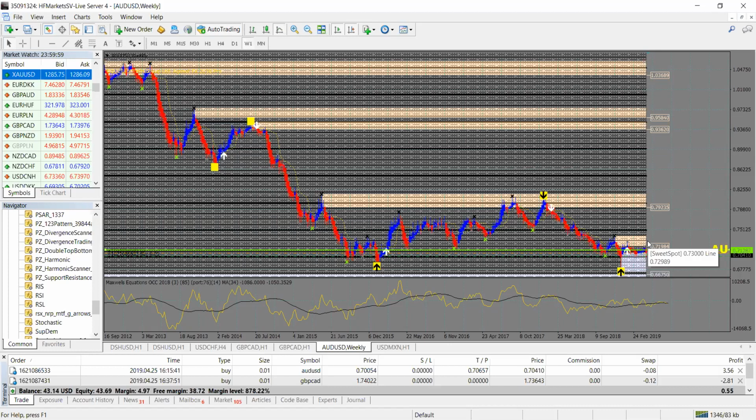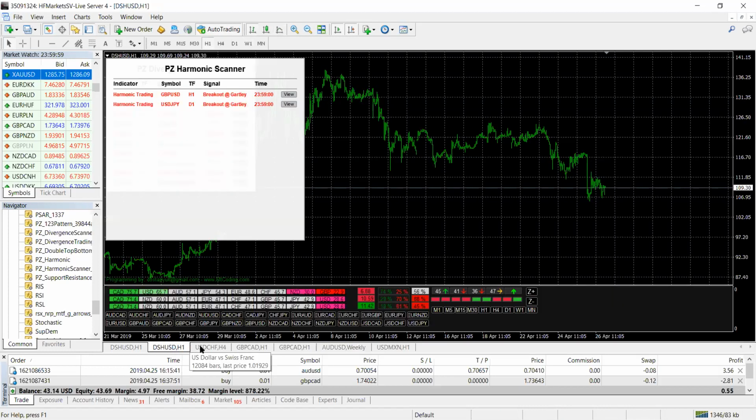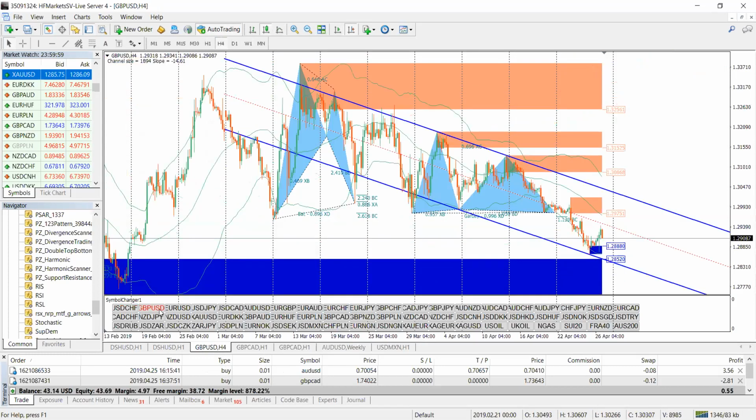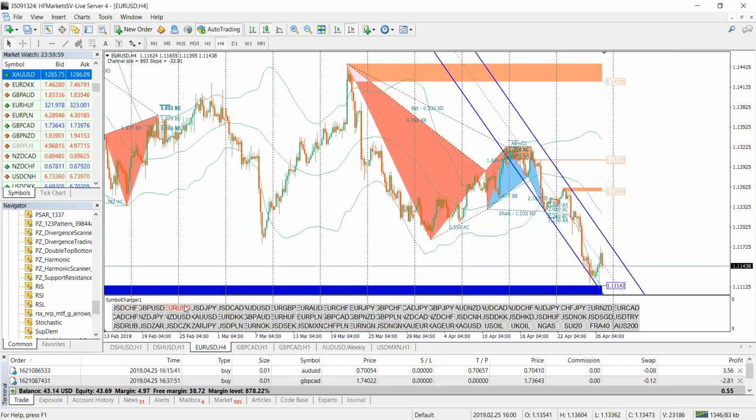When I want to go into a trade for the long term, I just go to the daily chart. I just scan through all my charts like I have here. I think I have a template of it somewhere here, with the symbol changer. I scan through all the charts. I have zones everywhere. Everywhere I can see zones, I mark them out.